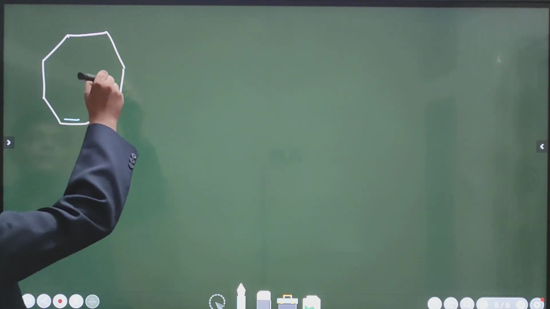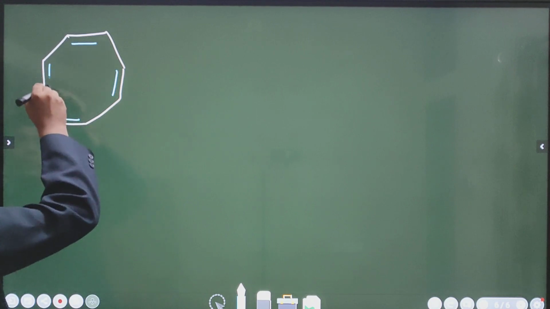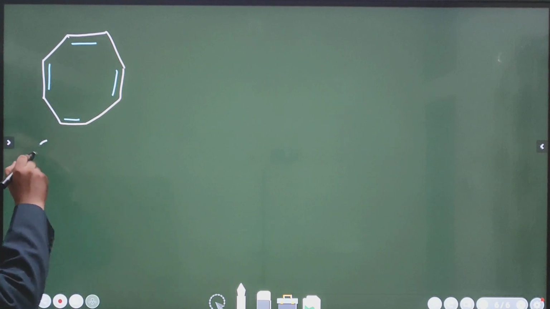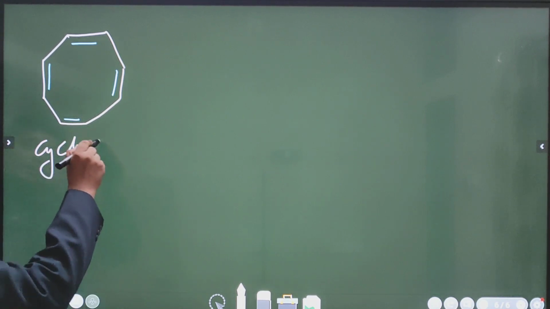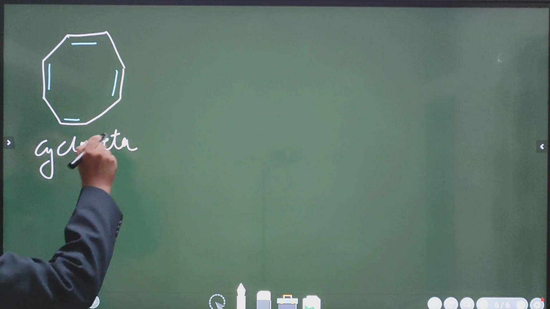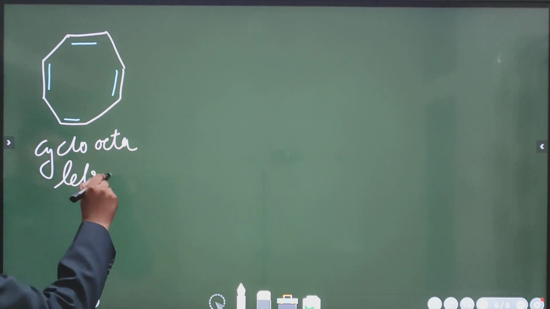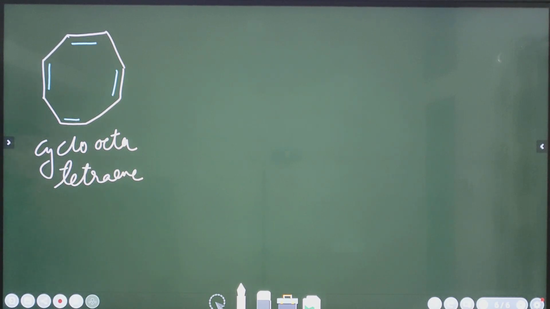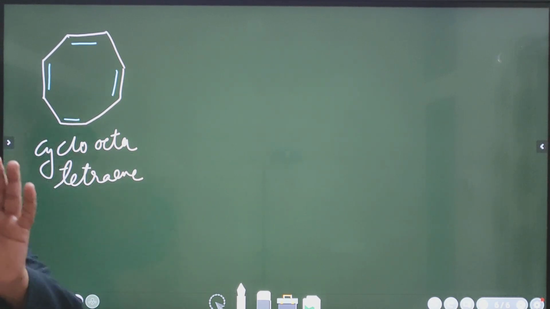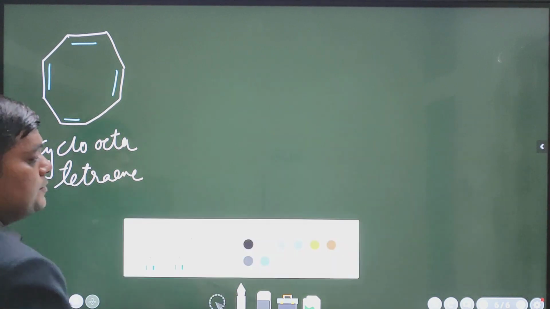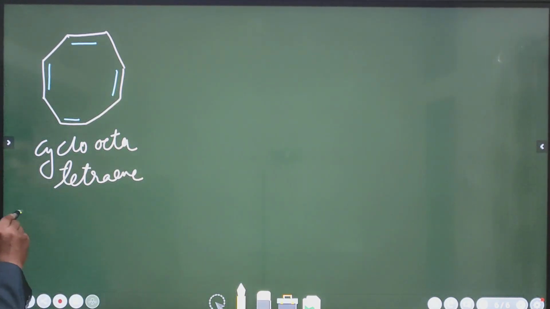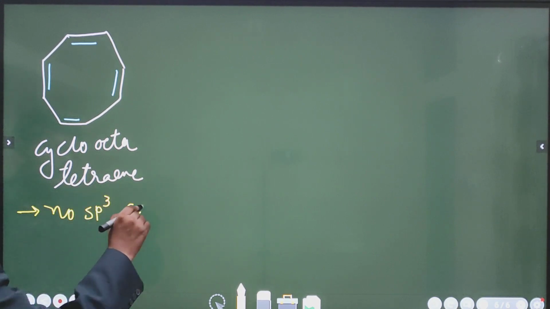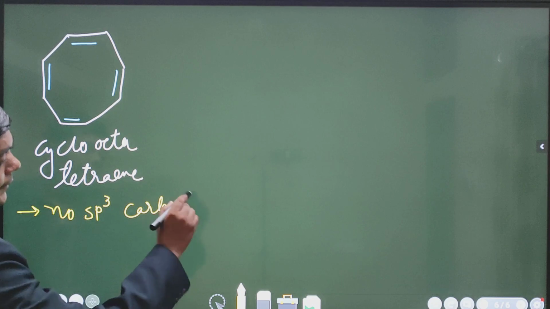I have this structure, which is called cyclooctatetraene. Looking at this structure as the first shot, our observation number 1 is no sp3 carbon.